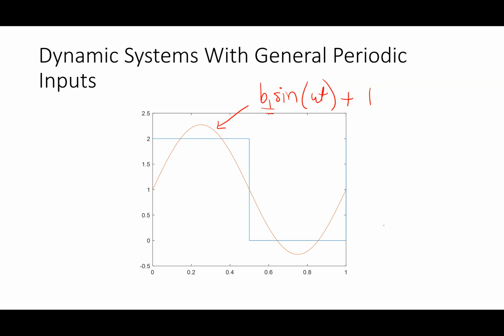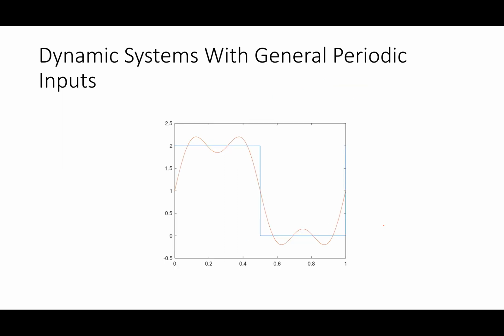So if I do this guy right here, what I actually have now is 1 plus B1 sine omega t, just like I had before, but I've added to it some amount of what I call the third harmonic. I gave this term right here a name. What was the name I gave to this guy?